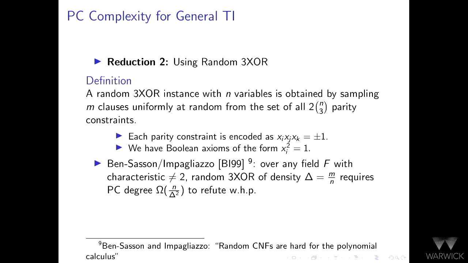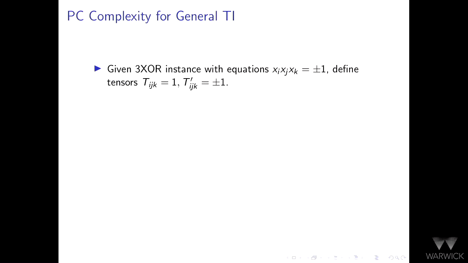Yes, this one. No, the one before. So how do you encode this T_ijk code 1? So these are just variables? No, so these are the tensors that we're defining.